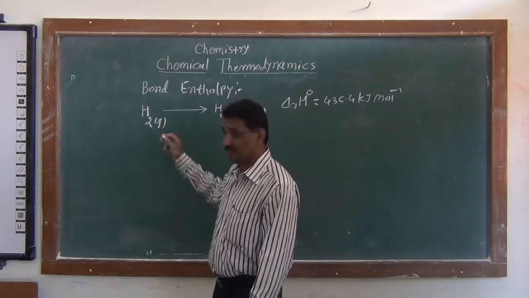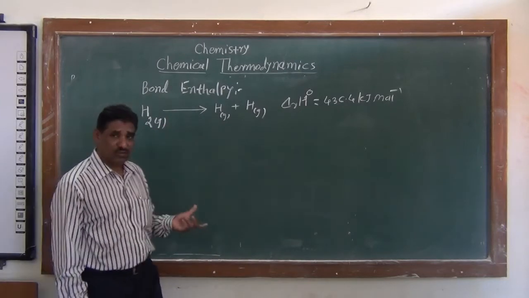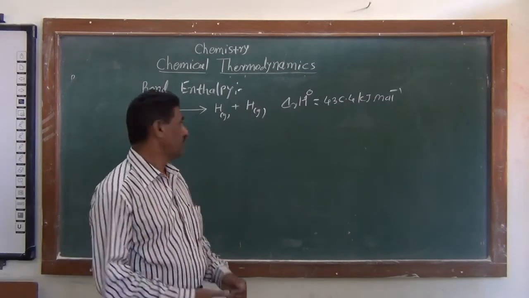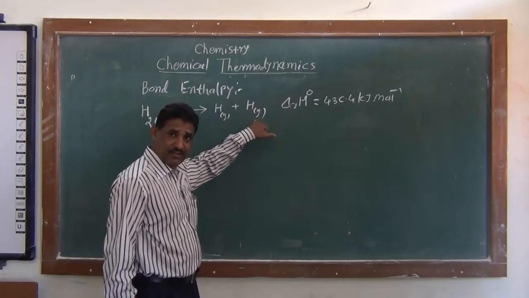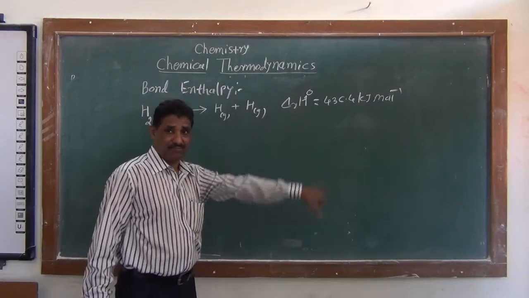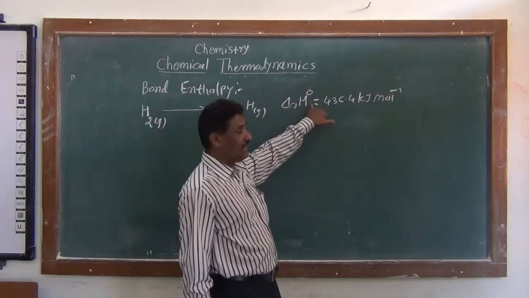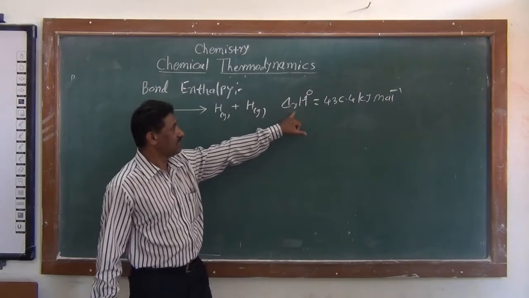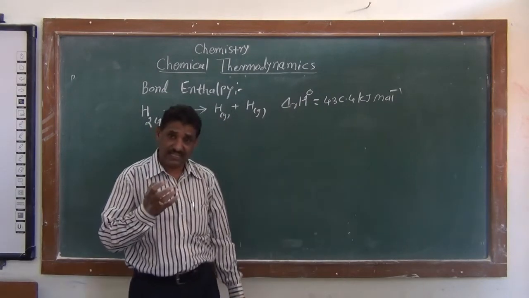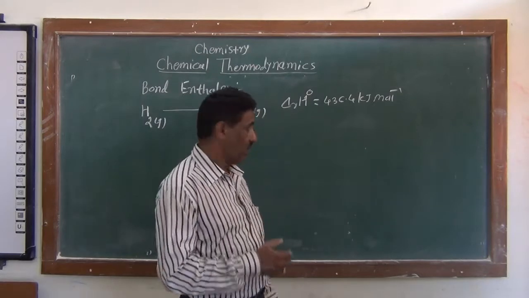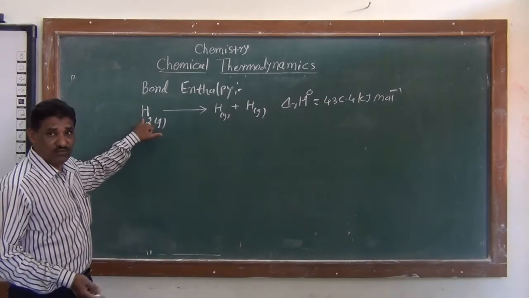Here in this reaction, this is the hydrogen molecule. This hydrogen molecule is dissociated. We get one hydrogen atom and another hydrogen atom. That time, the standard enthalpy of this reaction, delta R H0, is plus 436. It means energy is required for dissociation of this hydrogen molecule.